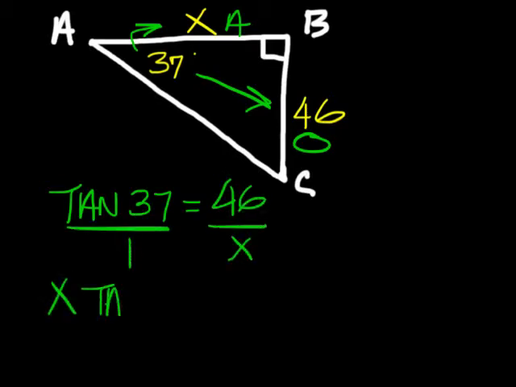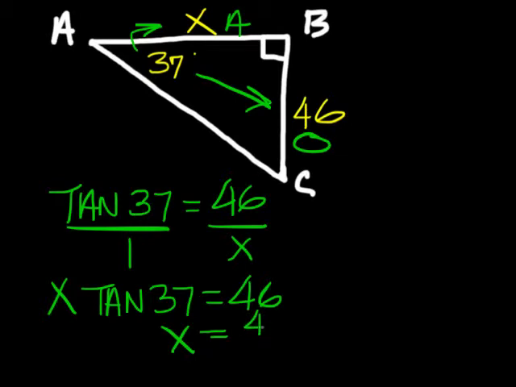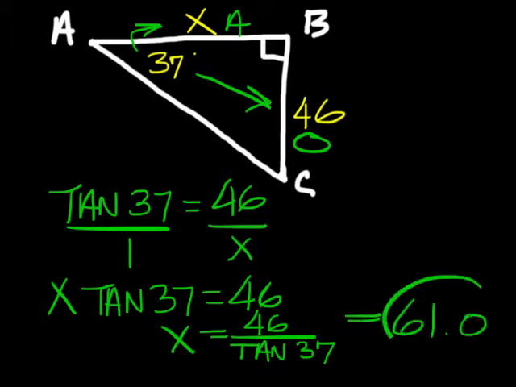When you cross multiply, you have x times tangent 37 equals 46, and to get x by itself, divide 46 by tangent 37. 46 divided by tangent 37 is 61.0.